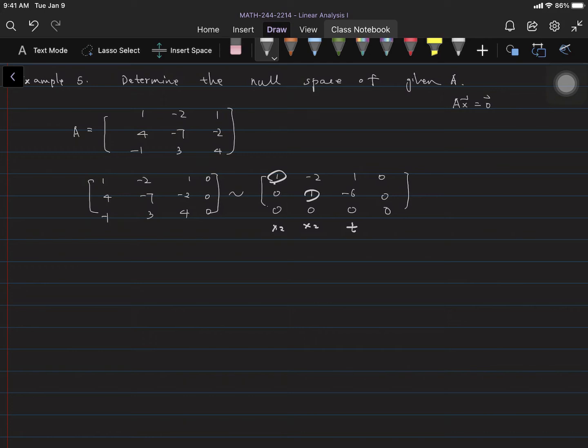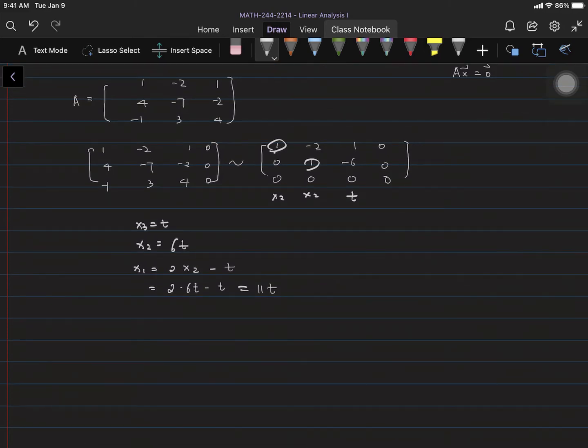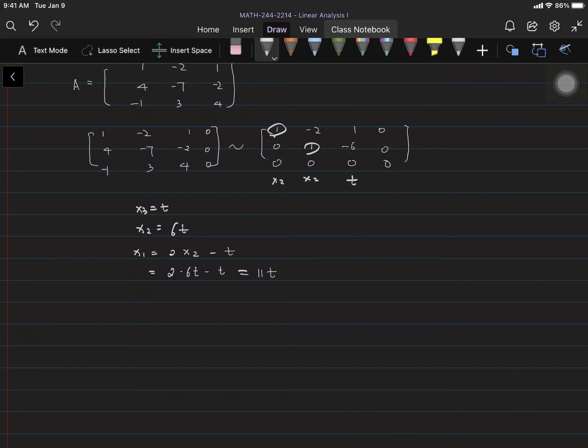We can say x3 is t. Then x2 is 6t, and x1 equals 2x2 minus t, so 12t minus t, which is 11t. It's just like solving a linear system, but the right side is all zeros. So we write down the solution.